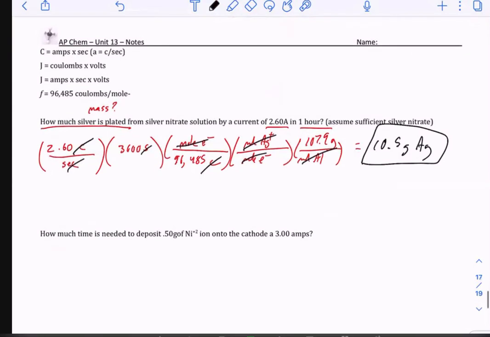All right. Using that logic, try to figure this out. How long will it take to deposit 0.5 grams of nickel ion onto the cathode if we have a current of 3 amps?